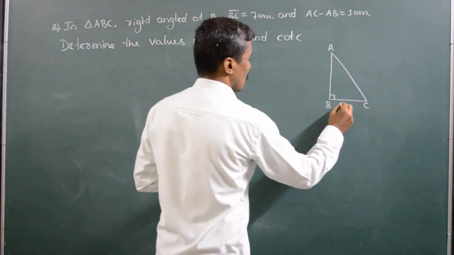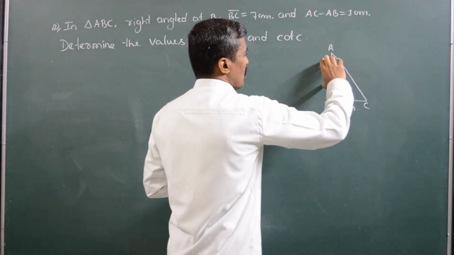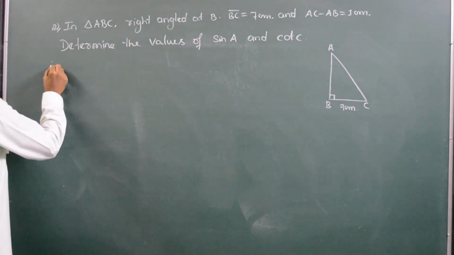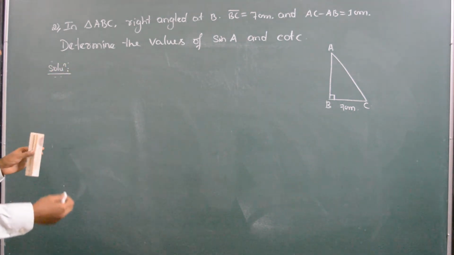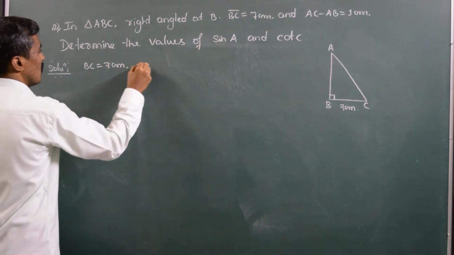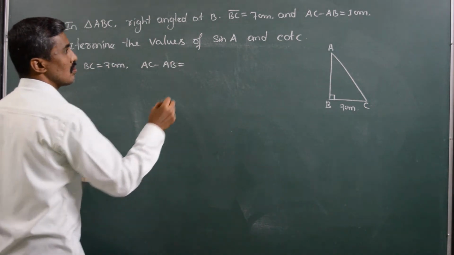BC is given 7 centimeter. AC minus AB is 1 centimeter. Okay, this much is given. So just I will note what are the things given before solving. BC is equal to 7 centimeter, AC minus AB is equal to 1 centimeter.